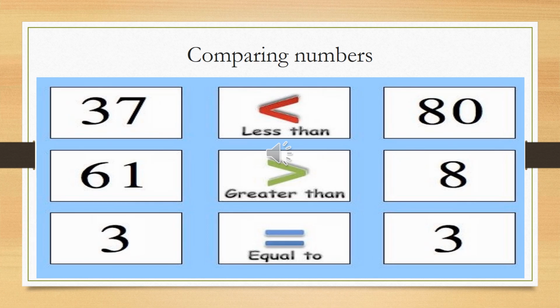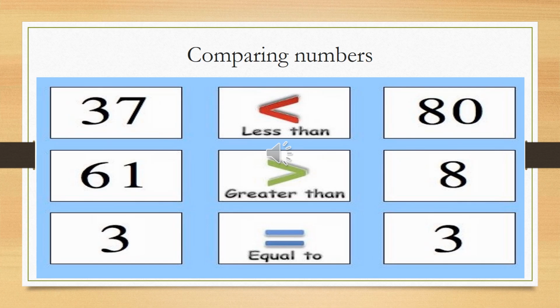And in the middle some signs are there. On the upper one, red, is written less than. The second one, of green color, is written greater than. And the third one is written equal to. Now, what do these mean?